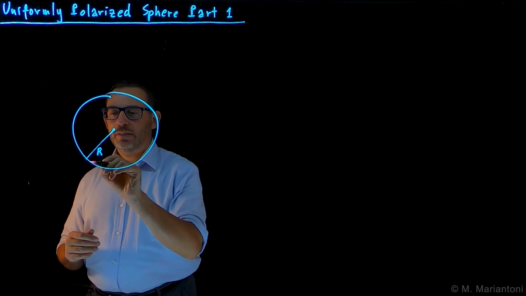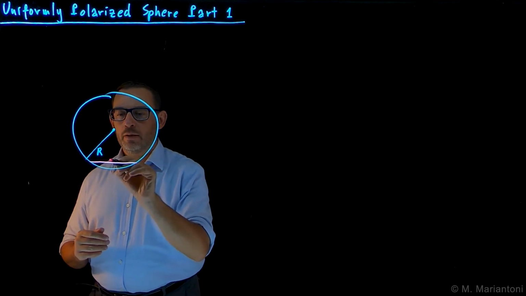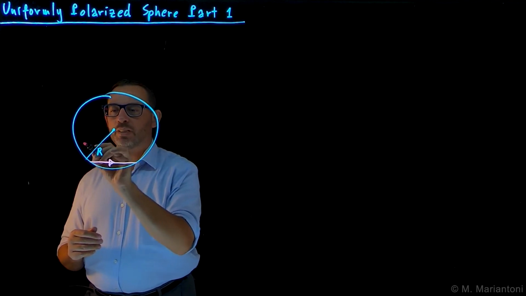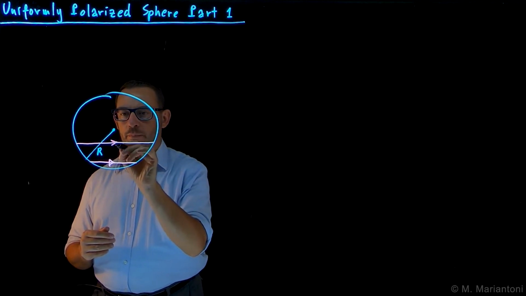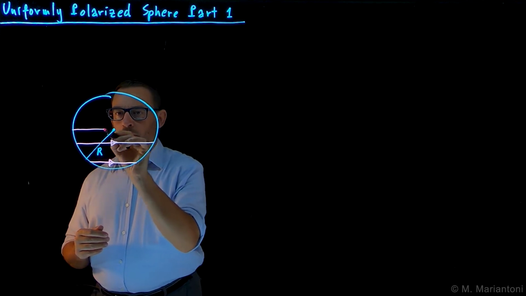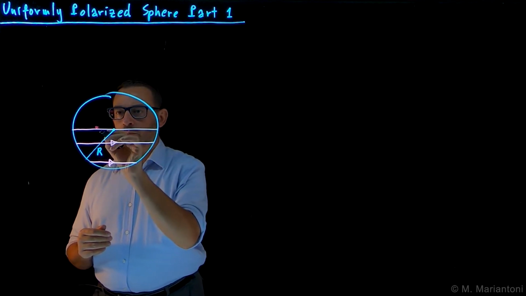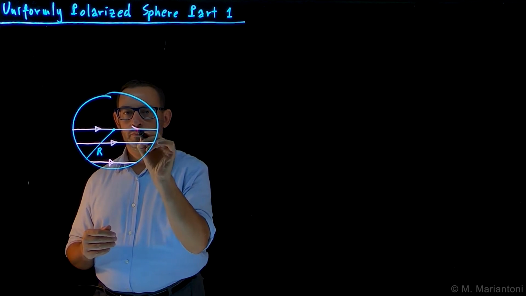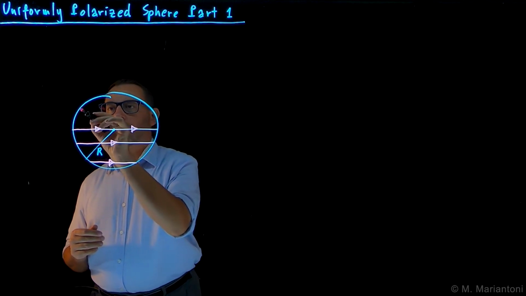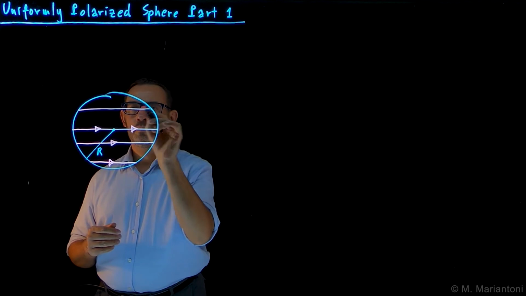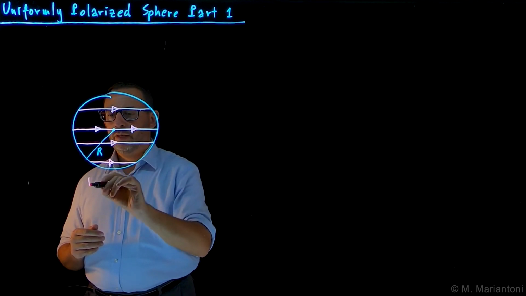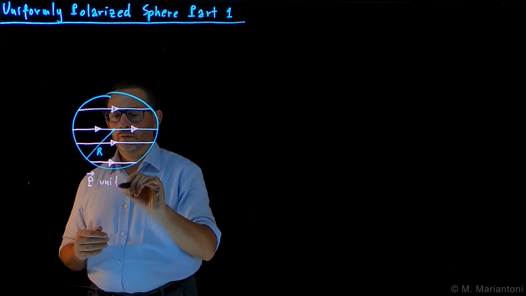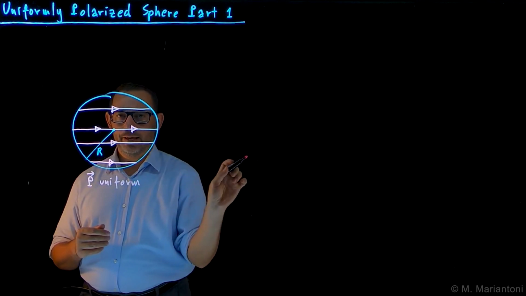So the field lines of vector P are uniform, directed towards the right in this fashion within the sphere. Okay, so this is our vector capital P, which is uniform in this direction, to the right.